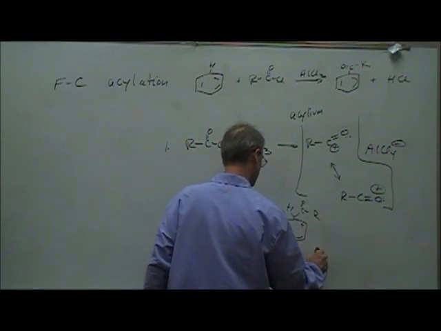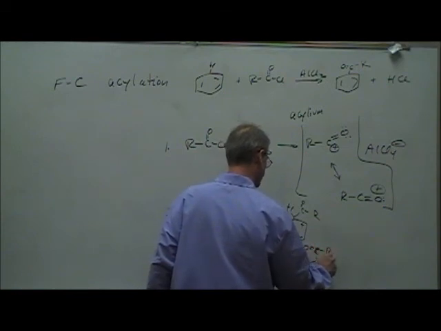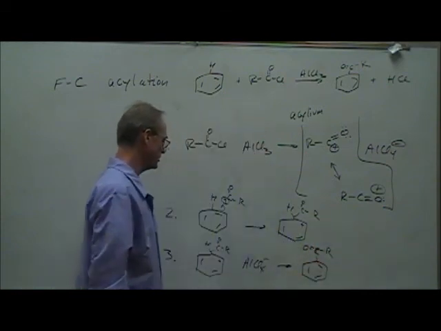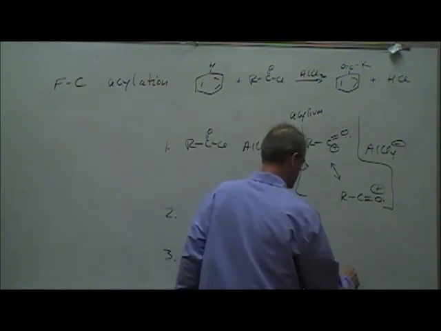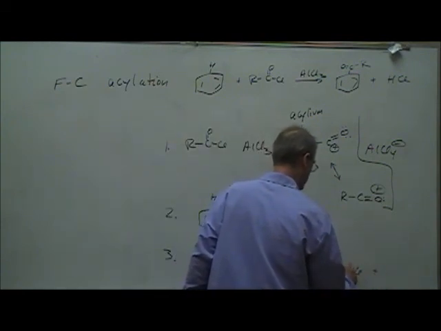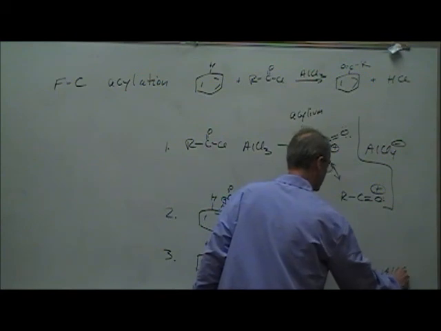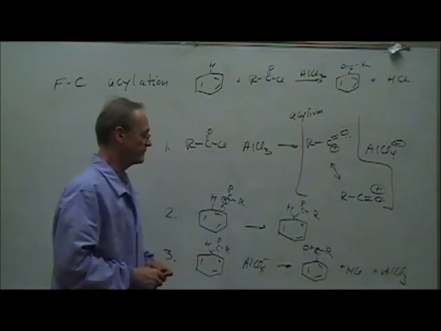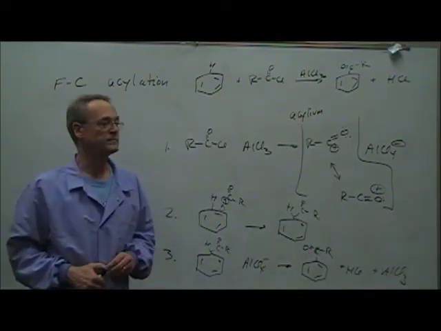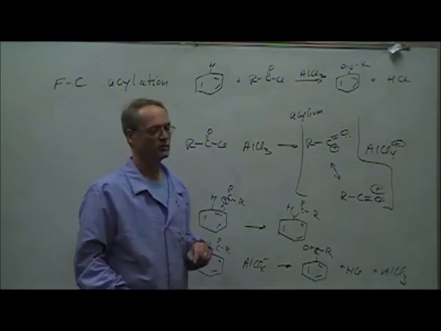So the acyl group is still attached there, the benzene ring is restored, HCl is produced, and the original AlCl3 is reformed, ready to go back and start again. So thus it's a catalyst, and that's why it's drawn over the arrow.